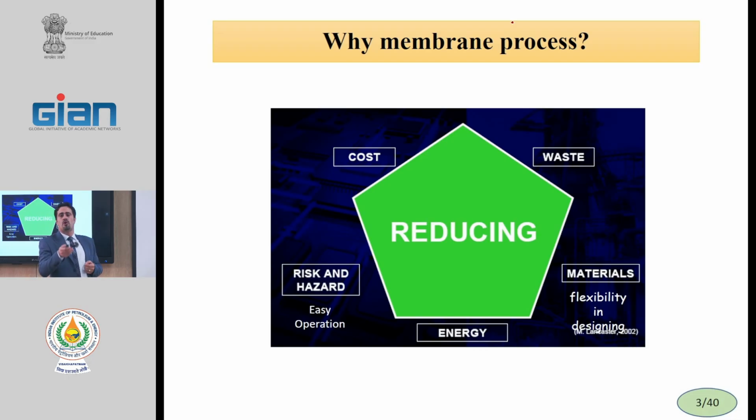For example, in production of polyethylene from ethylene, we have 700 atmospheres of pressure. So 50 atmospheres is very low in industry, and we have no risk of destroying the equipment and other problems. Therefore, the membrane process is an economical, environmentally friendly, and low-risk process.